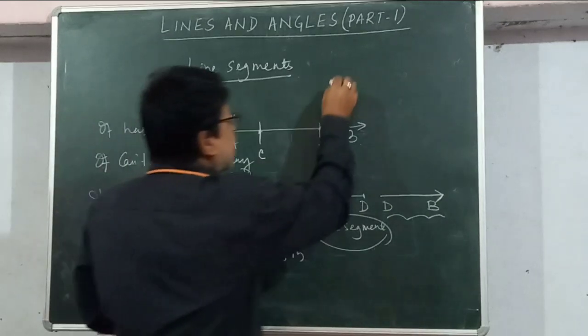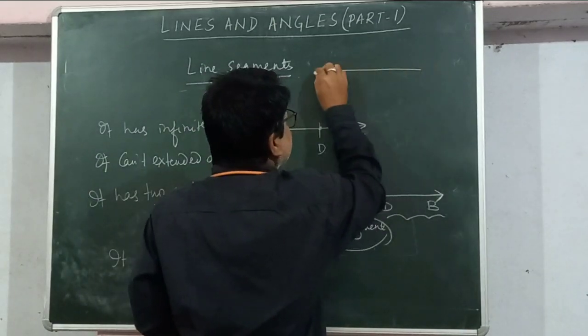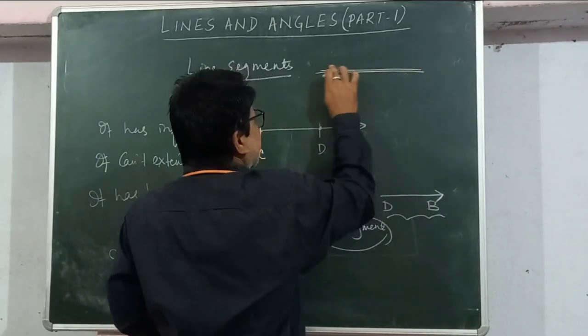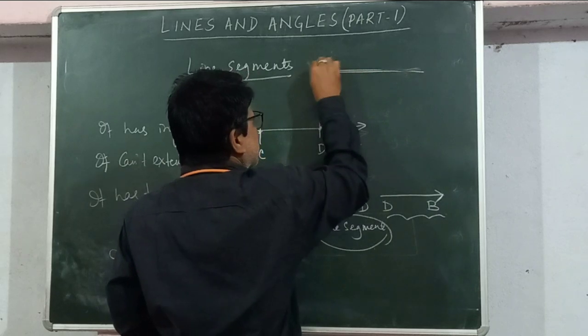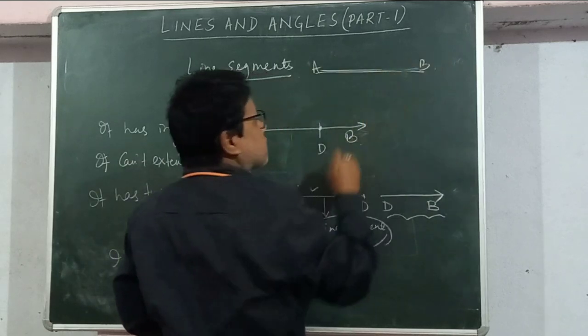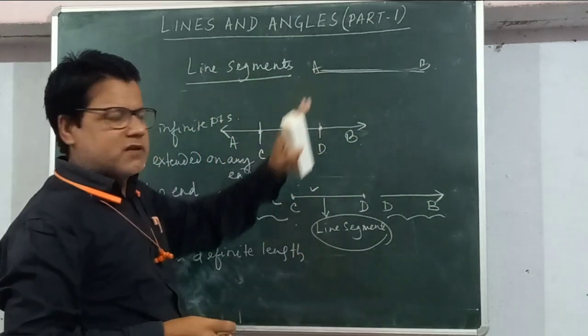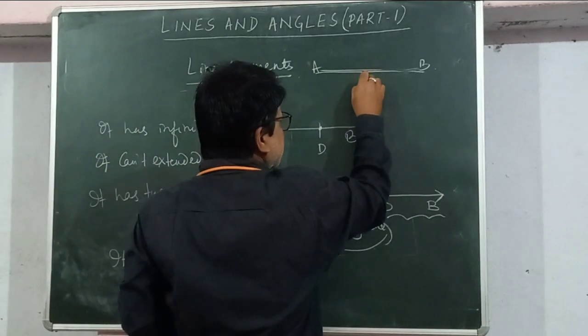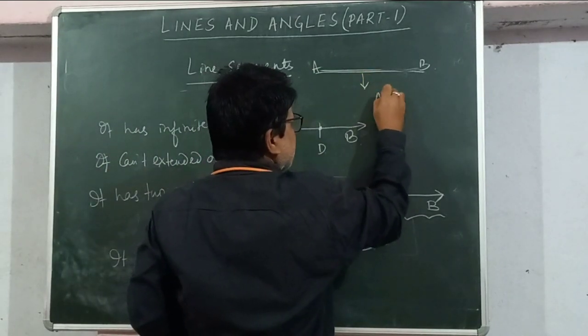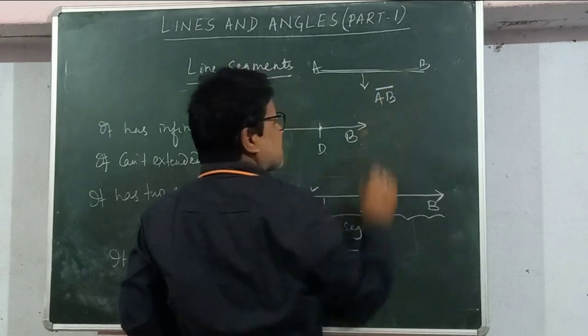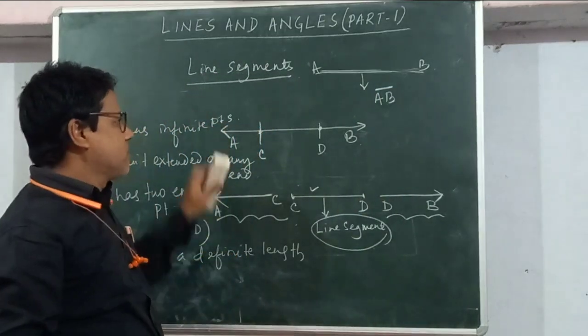When we draw a line segment, suppose this is the line segment AB, this is the symbolic representation of a line segment AB.